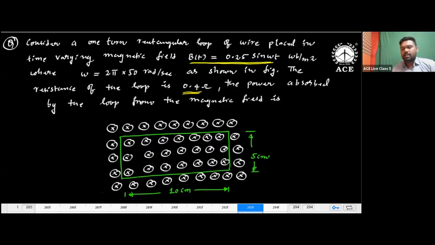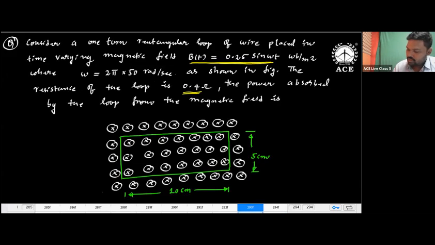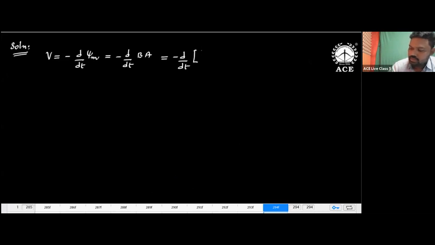Because it is a constant, in the sense it is not changing with respect to vectors. So just multiply with the area here. What is the area of the loop? 10 by 5 centimeters, so here it is 5 into 10 to the power of minus 4.